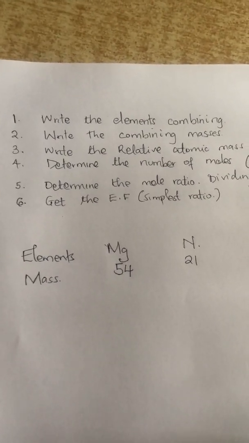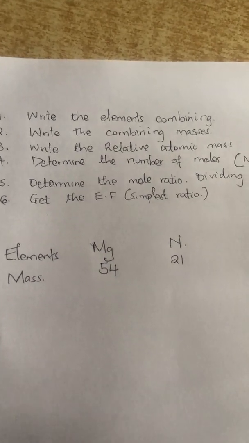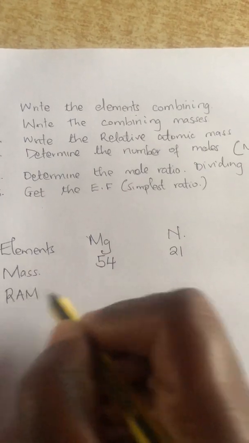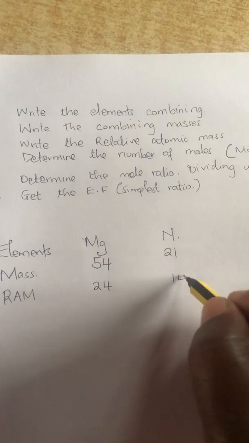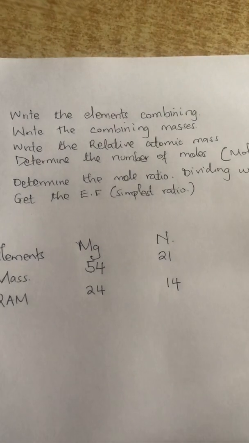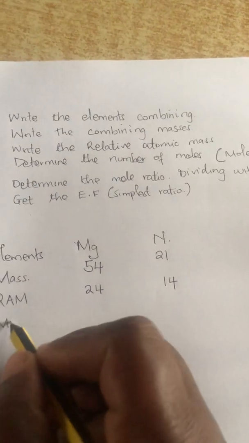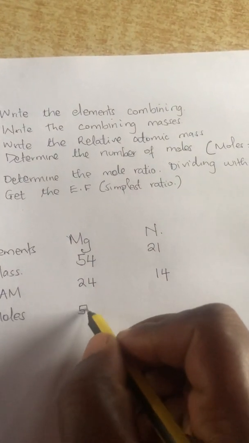Next step, write the relative atomic mass. In the question, we've been told that the relative atomic mass of magnesium is 24, and that one of nitrogen is 14. So the next thing you do is now get the number of moles. To get the number of moles, we divide the mass with the relative atomic mass.